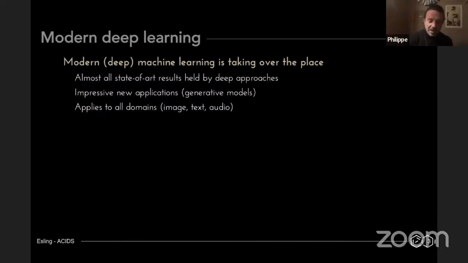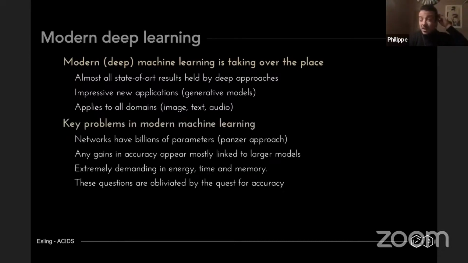But for me, there are key problems that we need to address. Especially in the audio field, it makes no sense that we are getting to networks that have billions of zillions of parameters. I mean, it's a brute-force approach. I started working in this field on the premise that I was working on something intelligent.